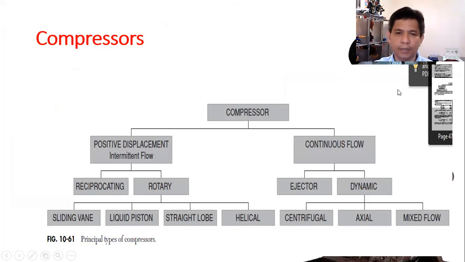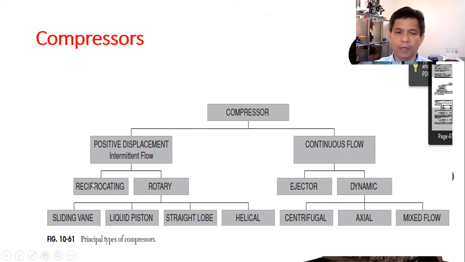Just like pumps, generally there are two types of compressor: the positive displacement and the continuous flow. For the continuous flow, these are the centrifugal type of compressors. For positive displacement, you have the rotary and the reciprocating. For the rotary, you have the sliding vane, the liquid piston, the straight lobe, and the helical.